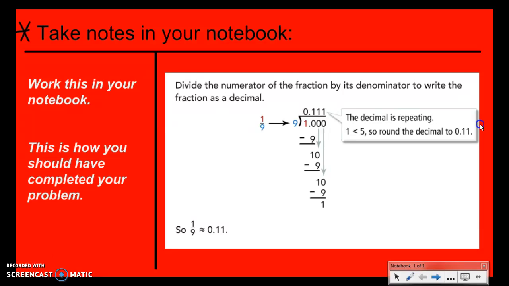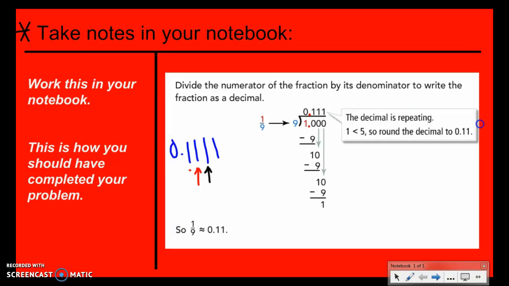Alright, here's how to work that problem out. So on paper it's going to look like this. 0.1111, and it's going to keep going on forever and ever. So you're going to need to find your hundredths place, which is right here. Look at your following number.